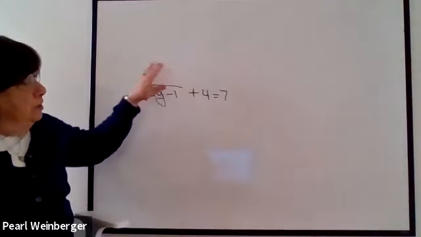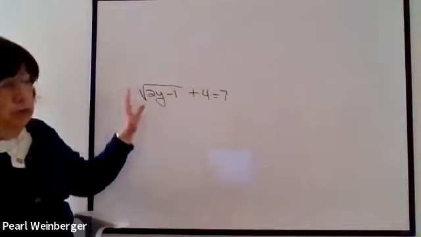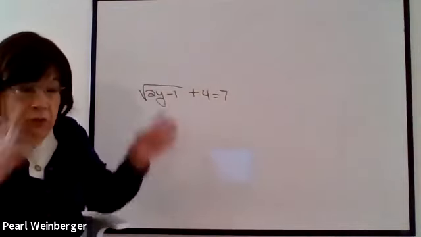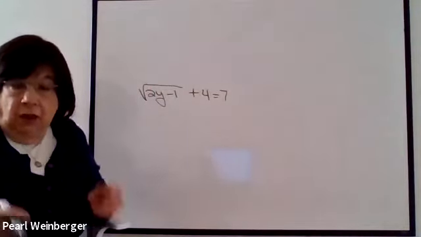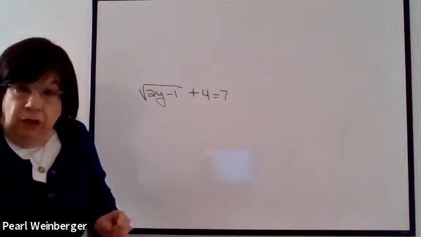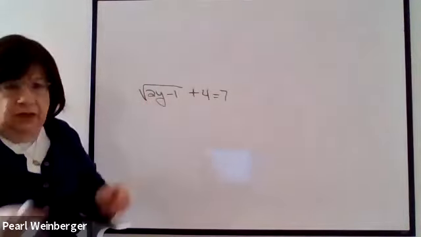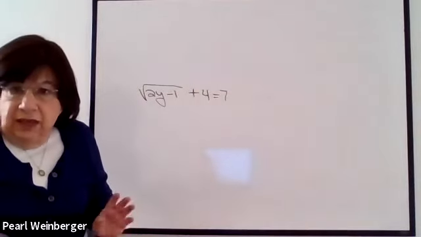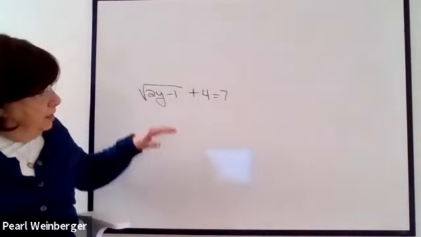The first thing is you want to get your square root by itself. Remember when we had absolute value equations with those 2 lines next to them? The first thing is to get the absolute value by itself. The same thing over here.